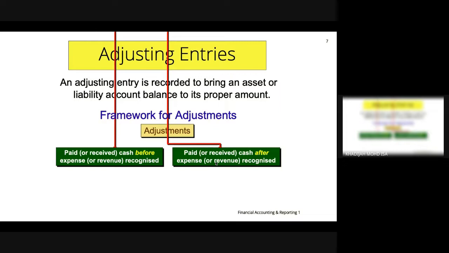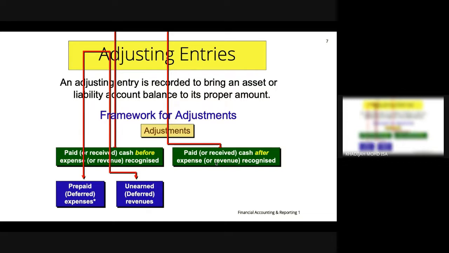In the first case, you receive cash but the revenue has not been earned, or you pay cash before your expenses are incurred. That is what we call prepaid: you paid in advance. The other one is accrued, whereby you only make payment or receive cash after the revenue or expense has been recognized.